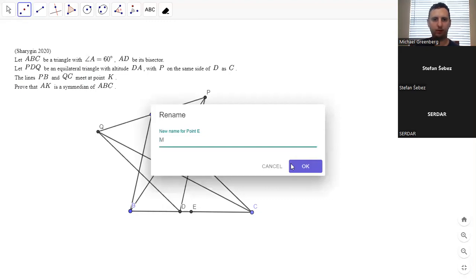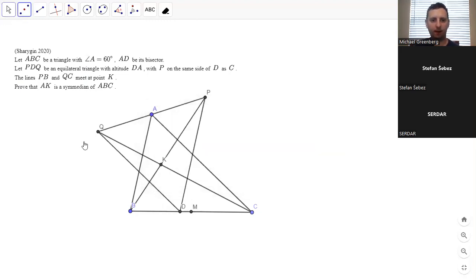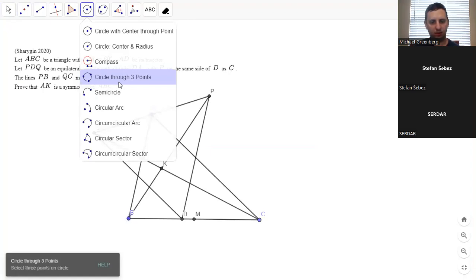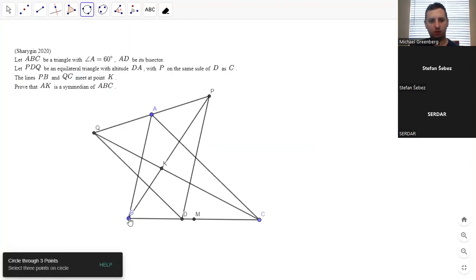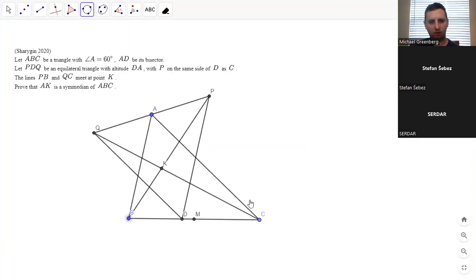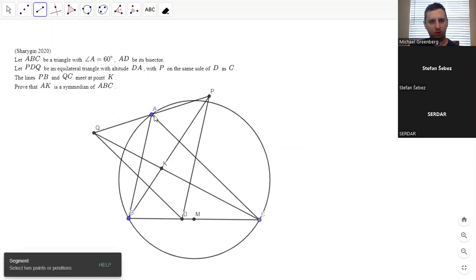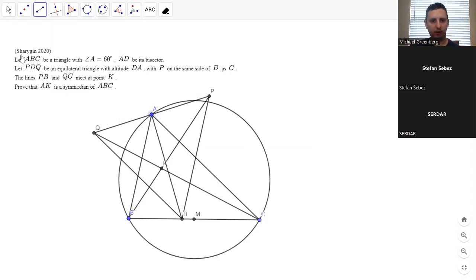There's a couple ways we could do this. Maybe it's also worth drawing a circumcircle of ABC. So AD is a height in that equilateral triangle.